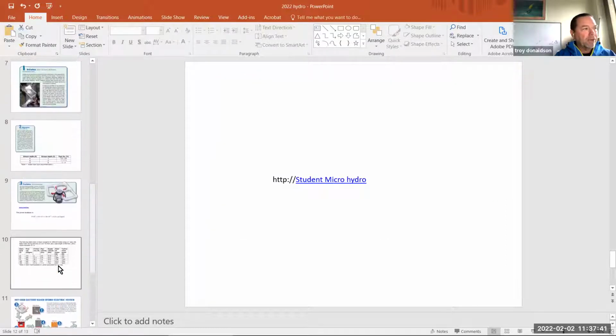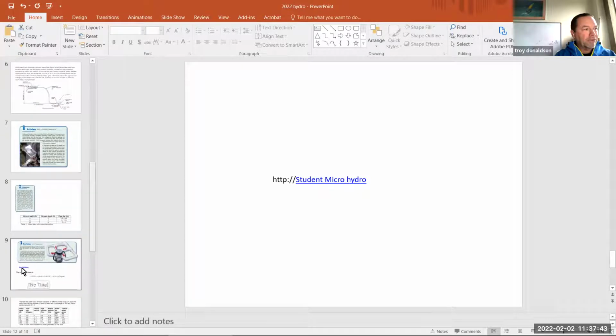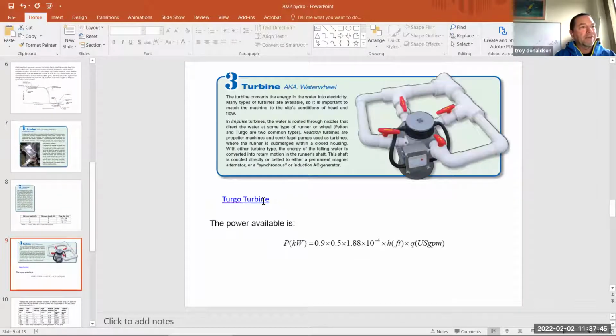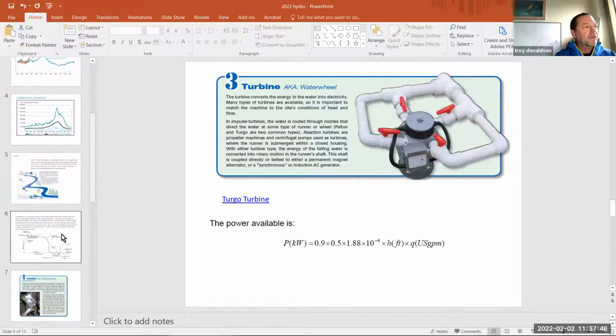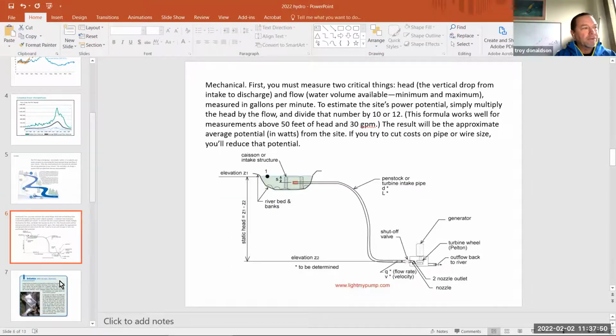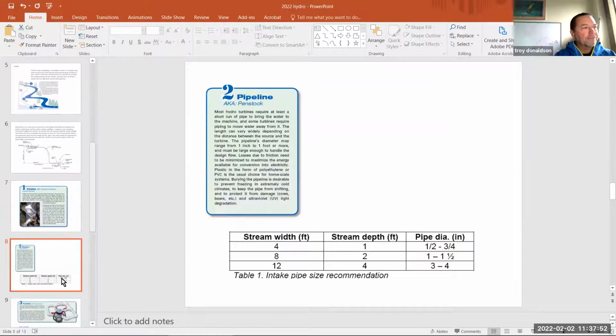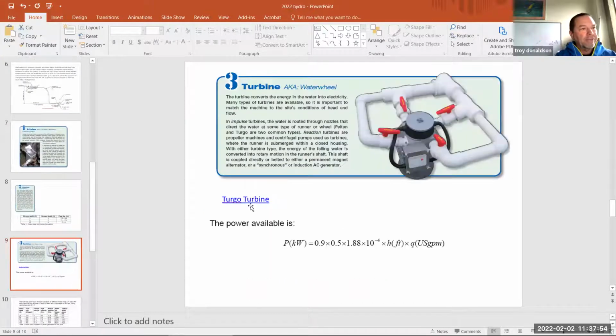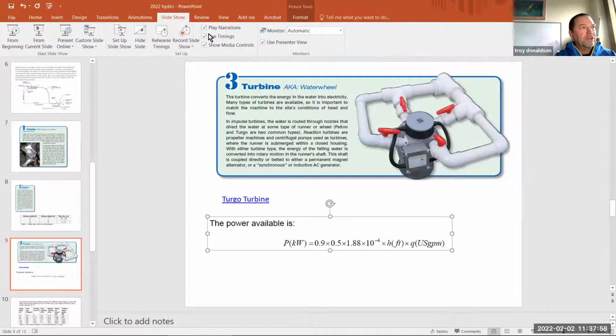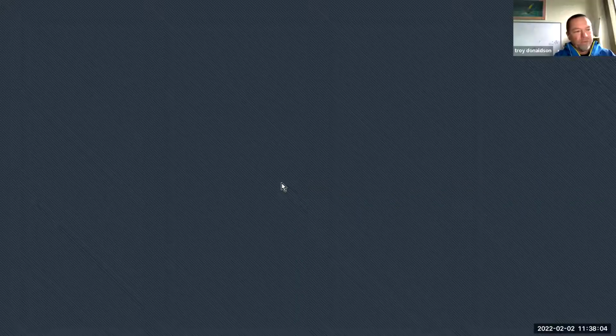I think it's this one. I think I'll have to put you into slideshow and then click on the turbine itself, and we'll see if we can open that.